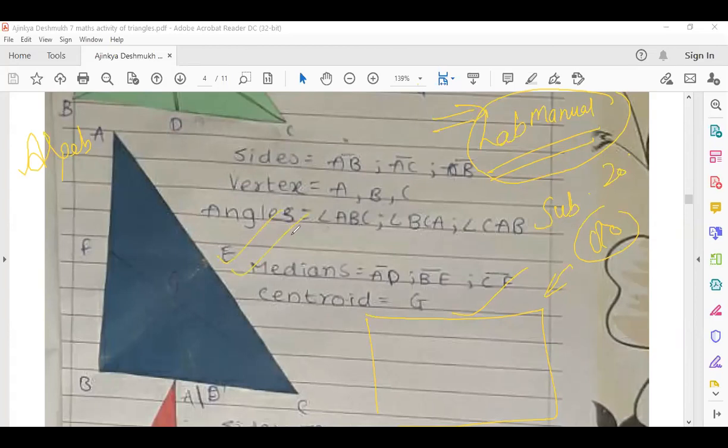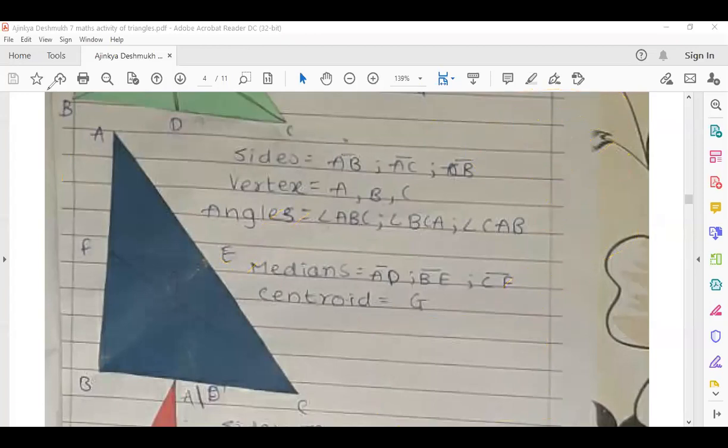If it is required to send this PDF file, I will share it with you. Otherwise, I will not. Each and everything is given over there. But now the question is, if you have any problem regarding that activity, you can tell me right now, or otherwise I will share that video with you one more time.